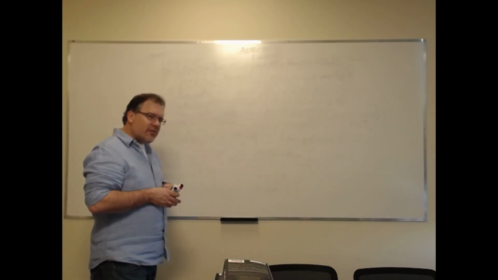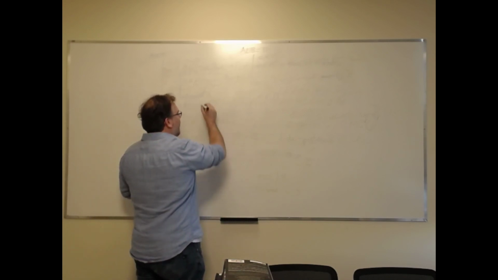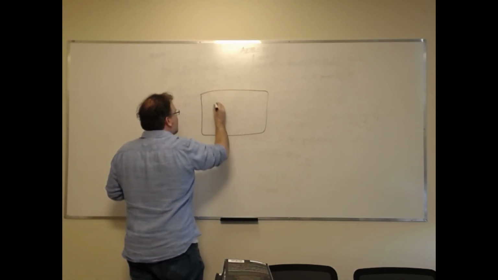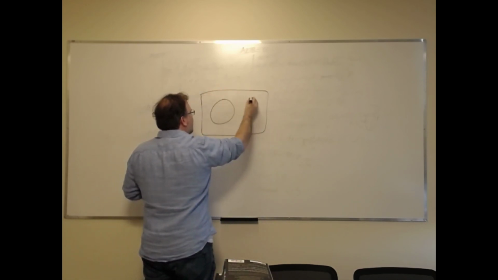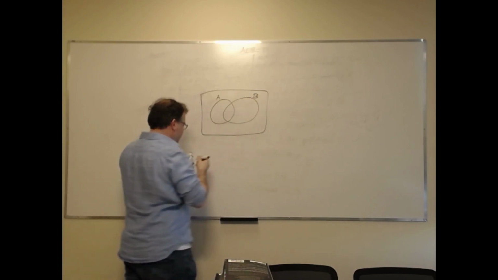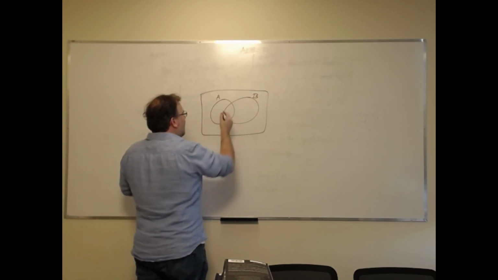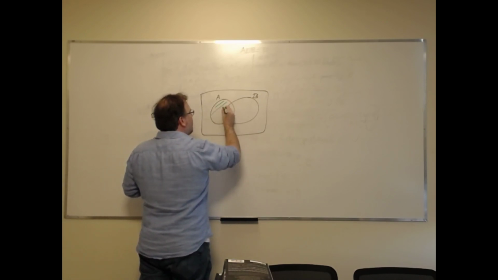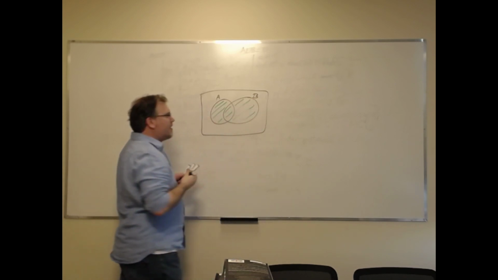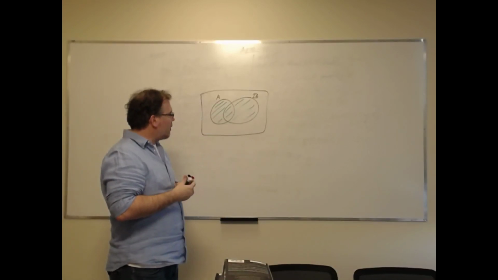So just to give you the easy case with binary union of what I'm trying to explain here. All right, so suppose I take two sets, and I have A, B here. And the union axiom tells me that there is a set that contains exactly the objects in the green part.